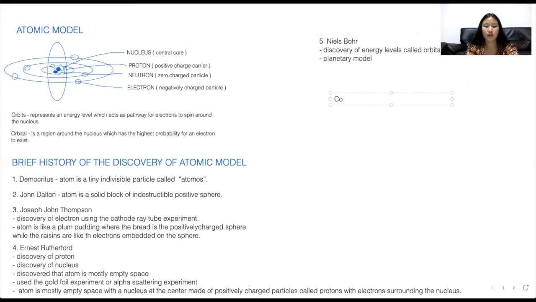Next, we discuss the conditions of electrons. We have two conditions of electrons. First, we have the ground state, in which the electron is at its original energy level.